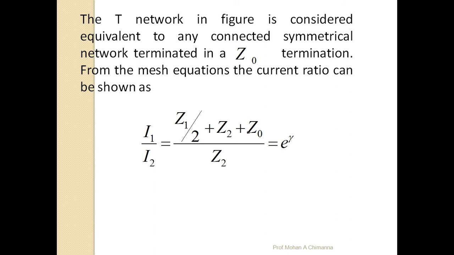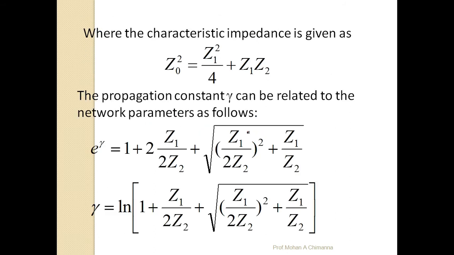Taking the ratio, the characteristic impedance is given by Z0 square, which is equal to Z1 square upon 4 plus Z1 Z2 for the T network only.